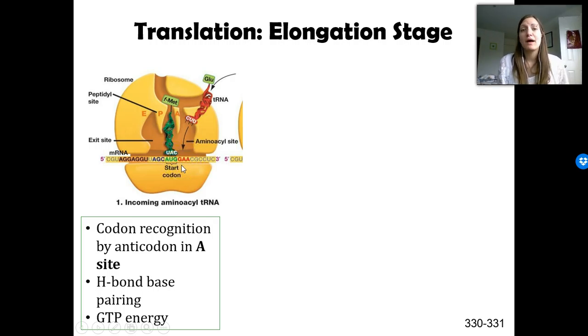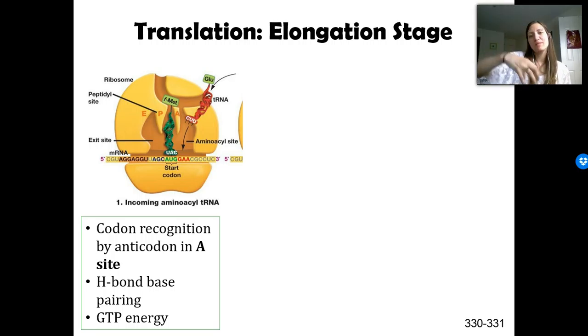Same type of hydrogen bonds we've talked about all semester long, but specifically when talking about DNA synthesis, mRNA synthesis, and now creating these proteins. Now this does require energy, and in this case we usually use the form GTP. And remember, GTP, just like ATP, is one of those modified nucleotides that have extra phosphate groups.